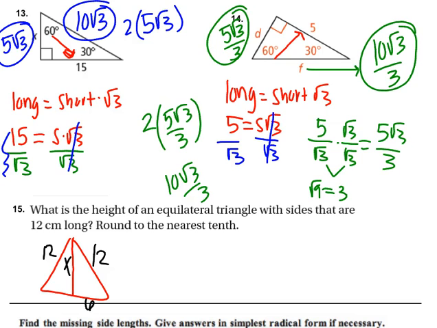So we're really just looking for the long leg, right, of a 60, 30, 90 triangle. There's our long leg. So to find the long, we take our short, which is 6 times square root of 3. So 6 square roots of 3. And it says to round to the nearest tenth, approximately 10.4 centimeters.